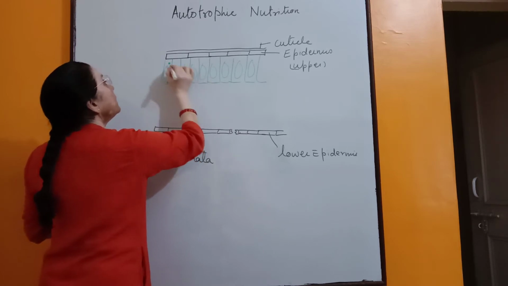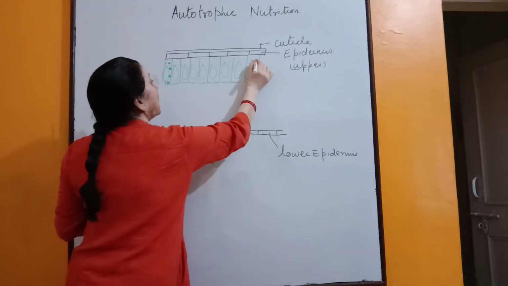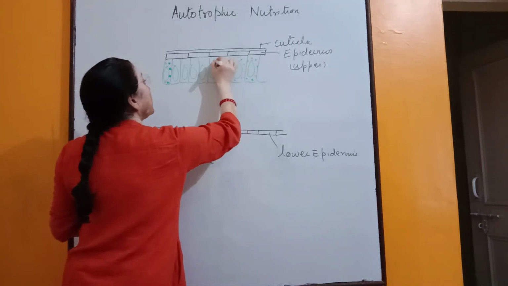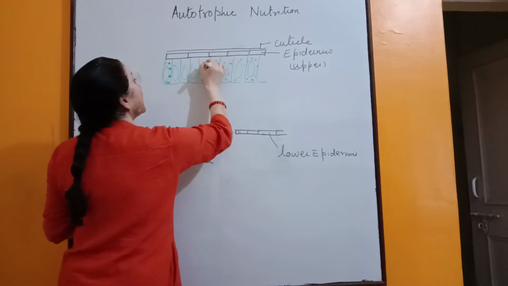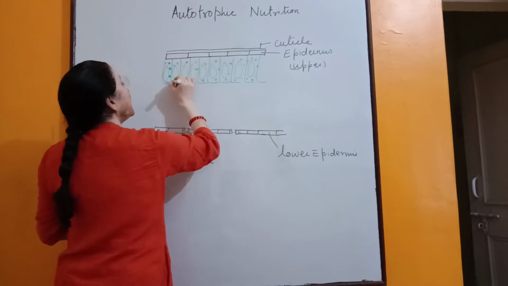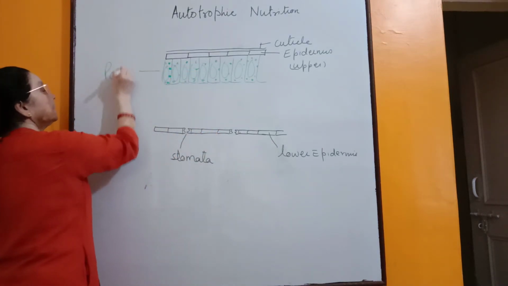They have a number of chloroplasts present on the outer margin of the cells. So these are the chloroplasts. These cells we call palisade cells.